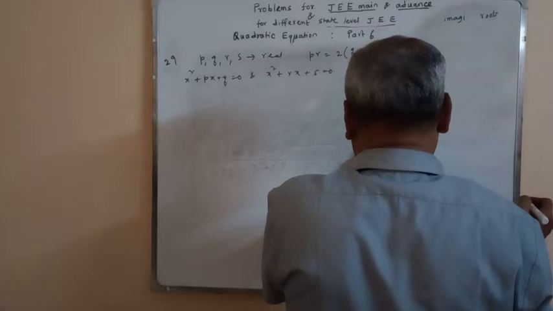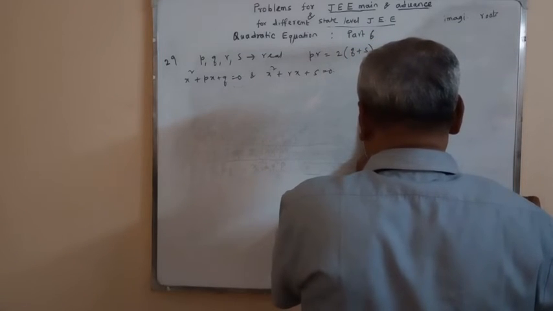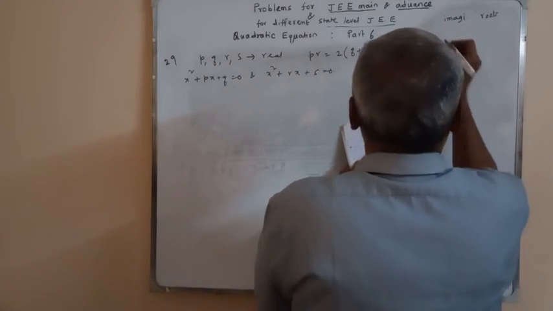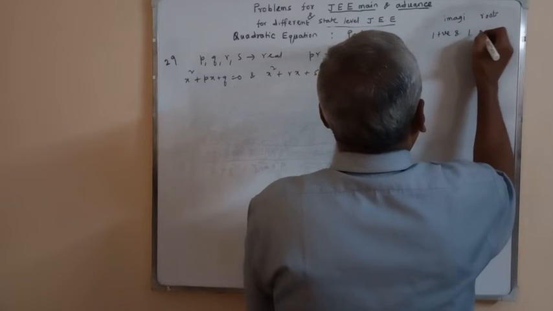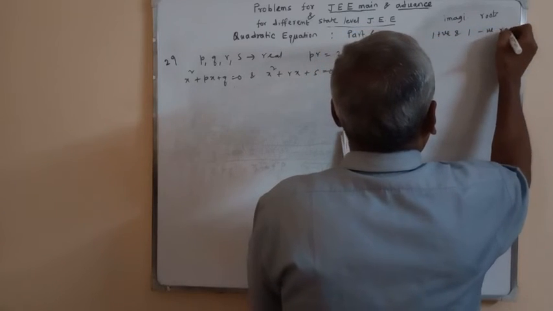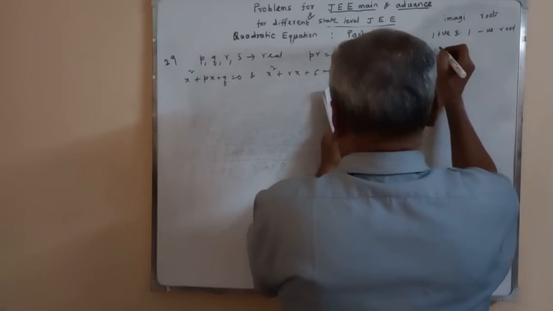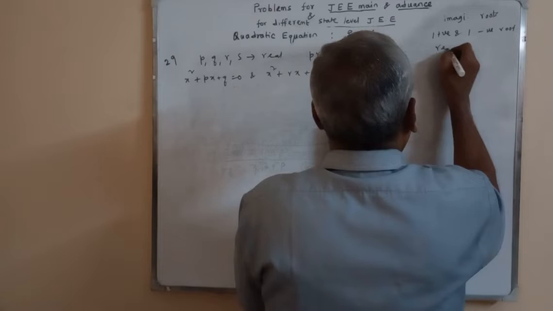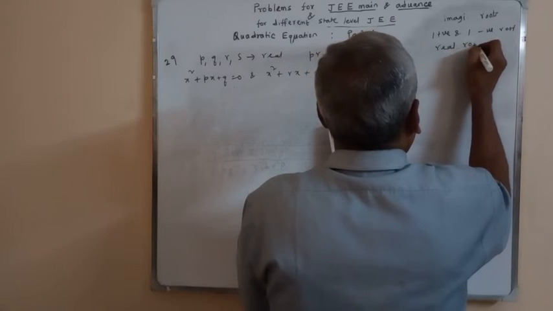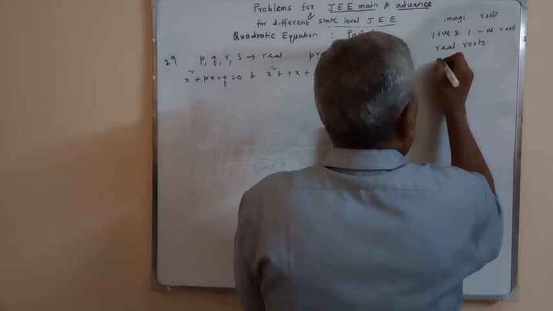Number 2, one positive and one negative root. Number 3, real roots. Number 4, none of the above.